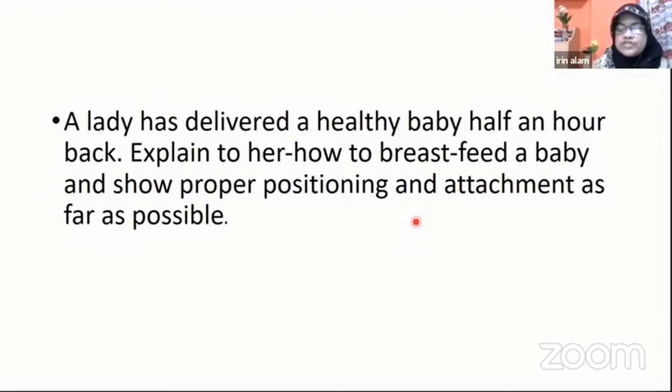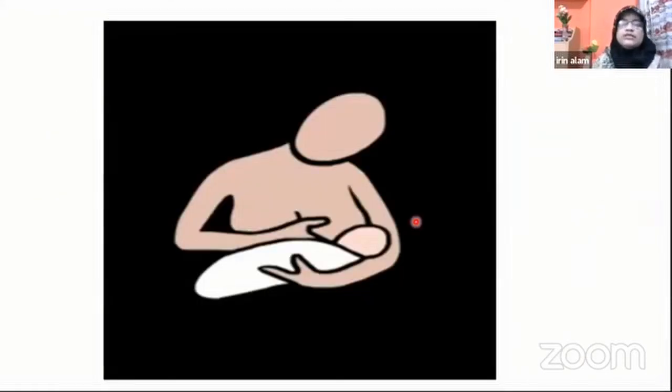position and attachment of the baby with breast, and you'll tell some advantages of breastfeeding. And I'm showing this. This is the position for breastfeeding.